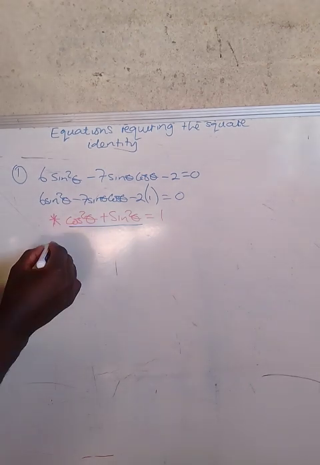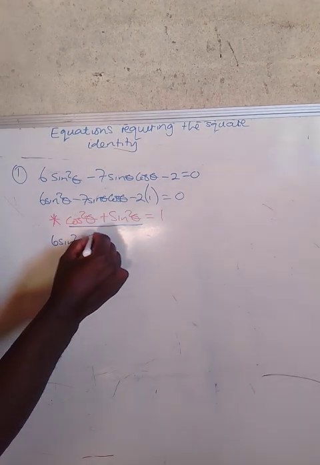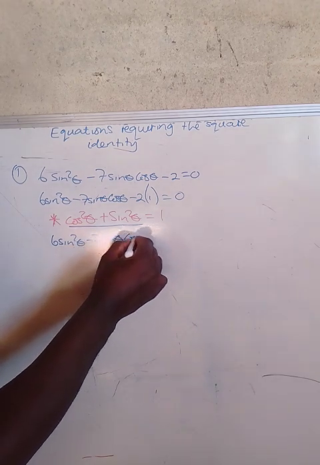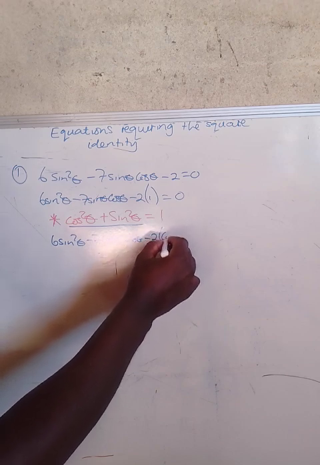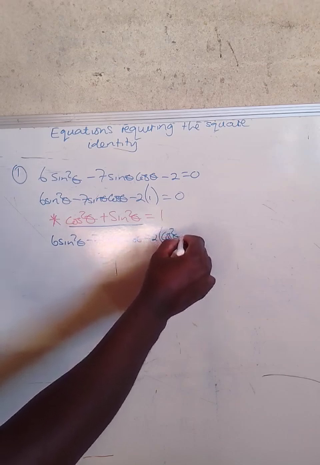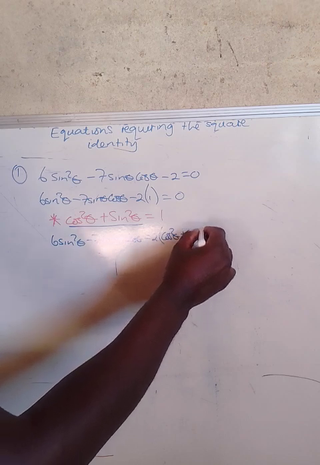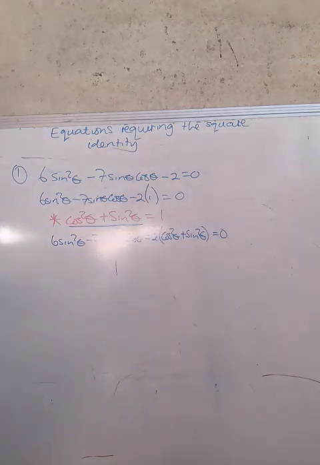So we are going to say 6 sine squared theta minus 7 sine theta cos theta minus 2, bracket, cos squared theta plus sine squared theta, like this is equal to 0.